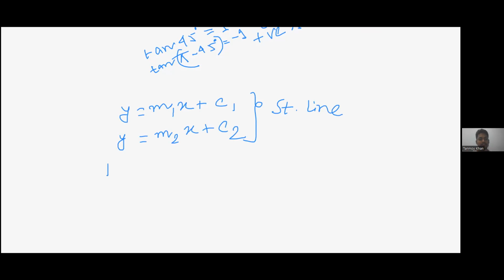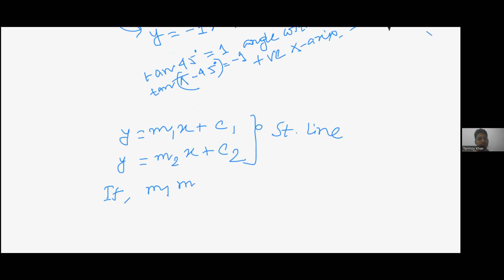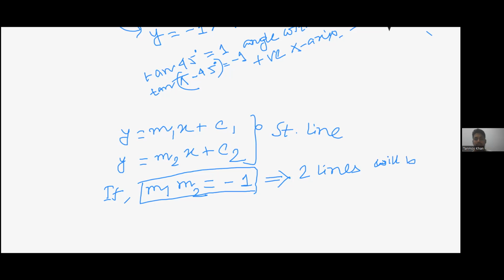Now, if m1 and m2 multiply to minus 1, note it down: if m1 into m2 is minus 1, then these two lines will be perpendicular to each other, right?